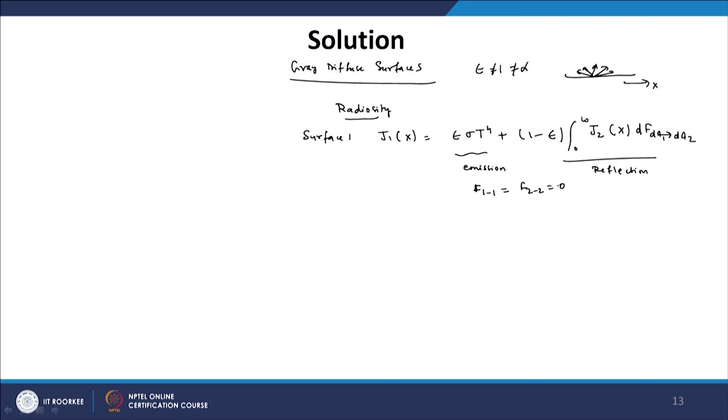For surface 2, the J2 value can be written as epsilon sigma T to the power 4, since both the plates are at the same temperature with the same emittance, plus (1 minus epsilon) times the integral of J1 dF from dA2 to dA1.